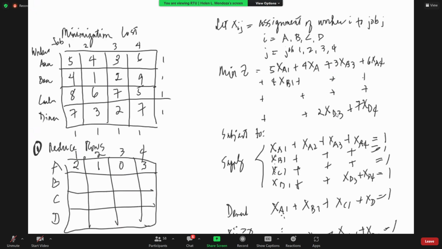So yung 3, isubtract mo siya sa lahat ng entries sa row ni A. That is why we have 5 minus 3 is 2, 4 minus 3 is 1, 3 minus 3 is 0, 6 minus 3 is 3. So we do the same procedure for all the other rows. So this is 0, this is 1, this is 8, this is 3. This is 0, this is 2, this is 1, this is 3. This is 0, this is 1, this is 5, and this is 5.